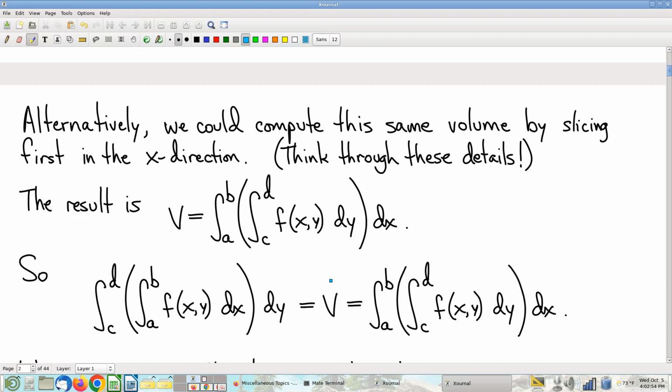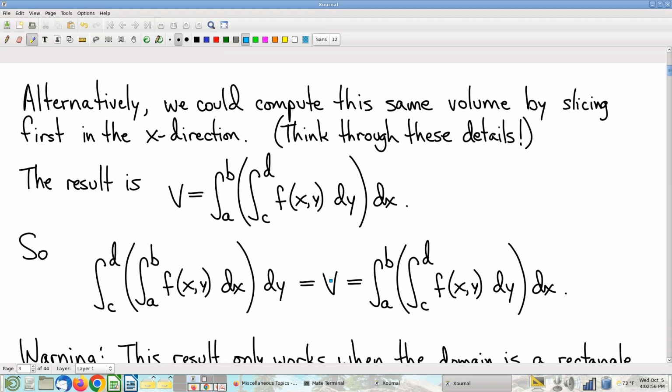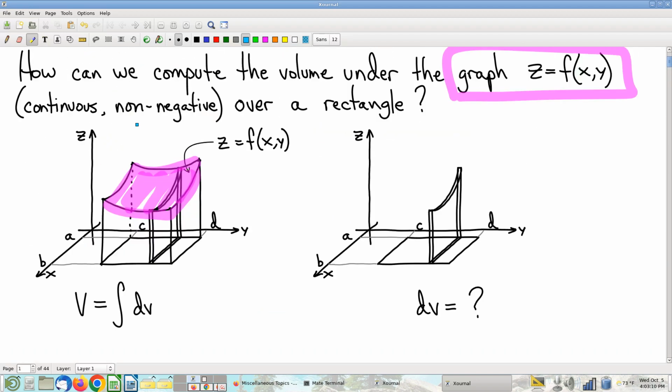Now, a couple people have asked already, what if you do it in the other direction? What if you do your slicing first in the x direction? Everything works through just fine. Everything's going to be a little different. Instead of having cross-sections that look like this, you're going to have cross-sections that look like that.